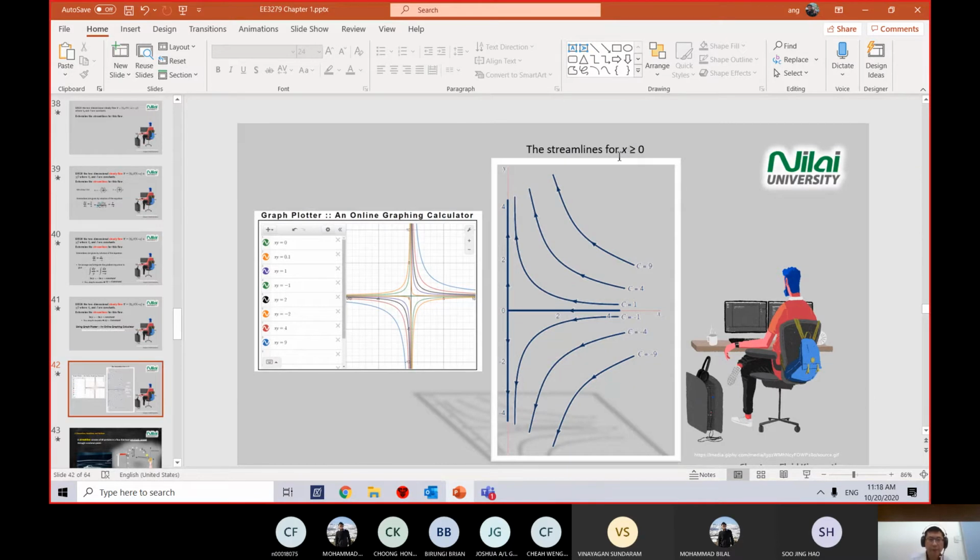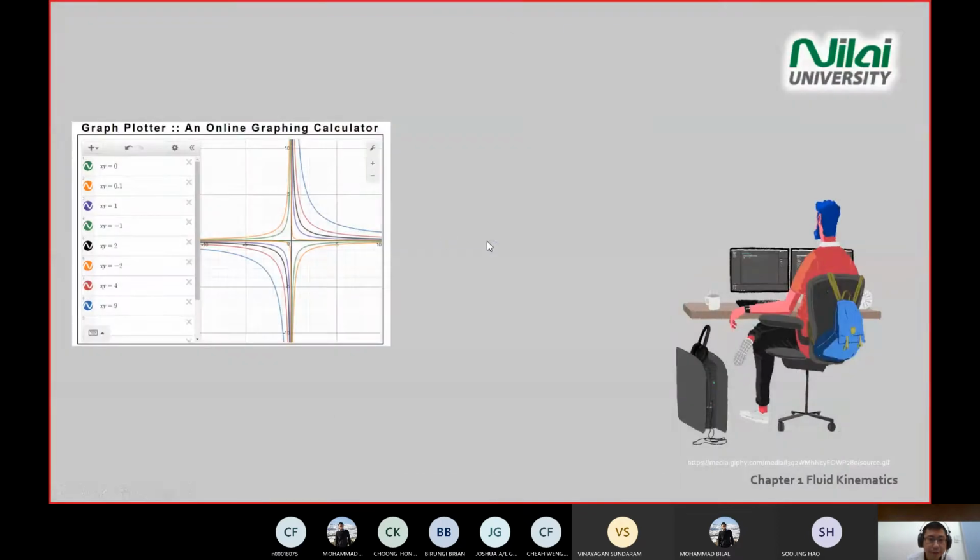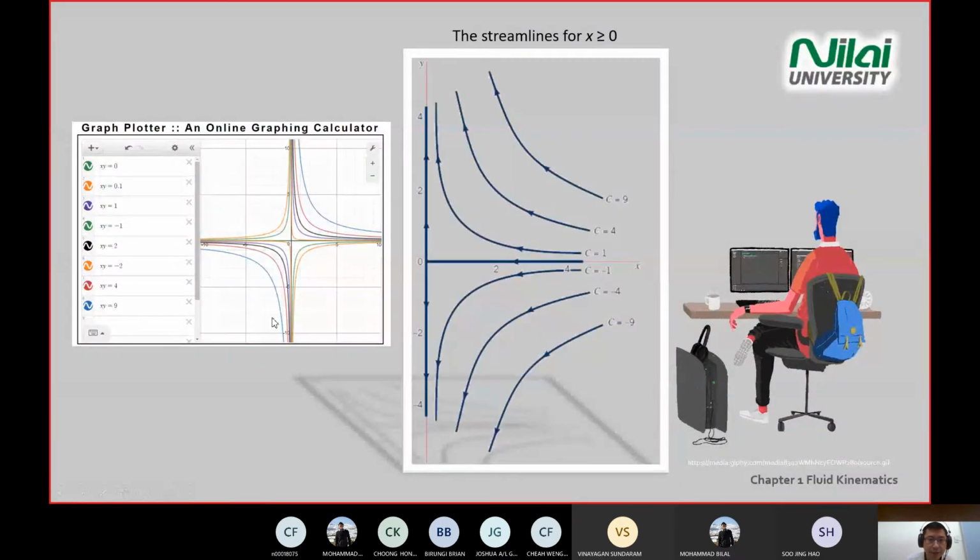So we only look at the right-hand quadrant shown on the screen here. We're only interested in this area.